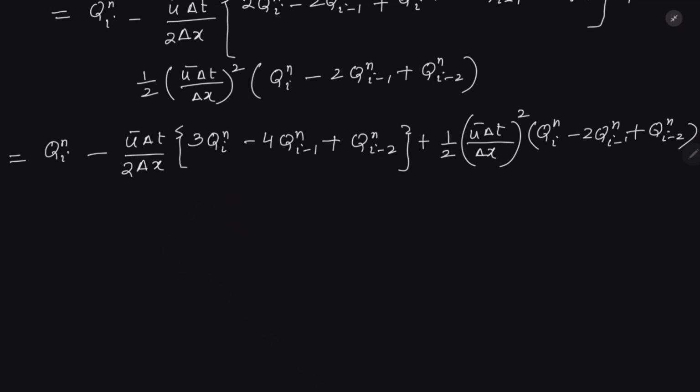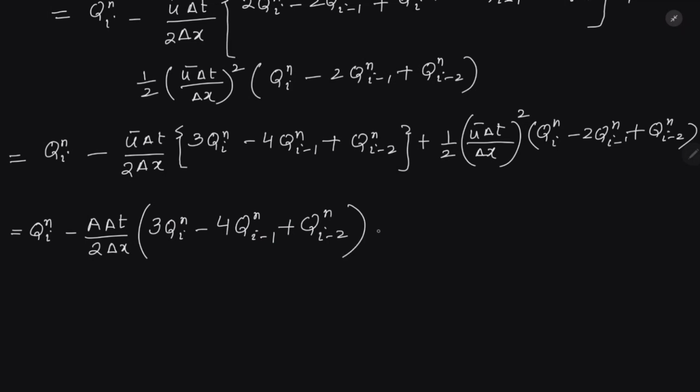So this equation in matrix form is q^n_i minus A delta t by 2 delta x times 3q^n_i minus 4q^n_{i-1} plus q^n_{i-2}, plus 1 by 2.